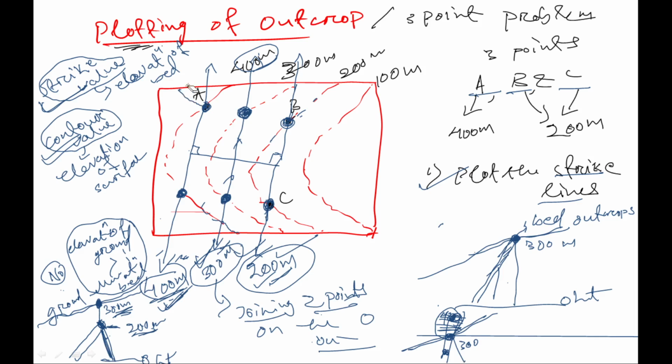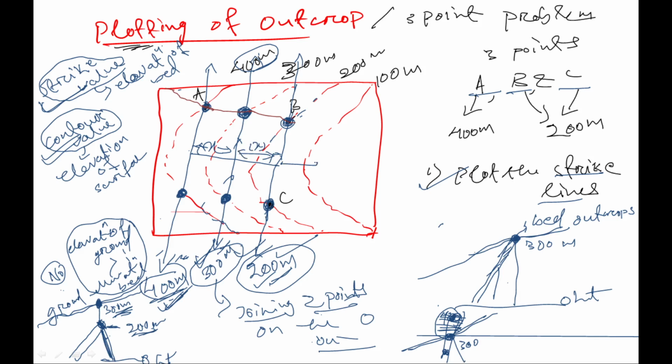Take another color. The outcrop passing through A at 400 meter, then 200 meter. Then also we can find another strike here. Okay, I have forgotten. We can also take that perpendicular distance, this is x to here, and this is x.